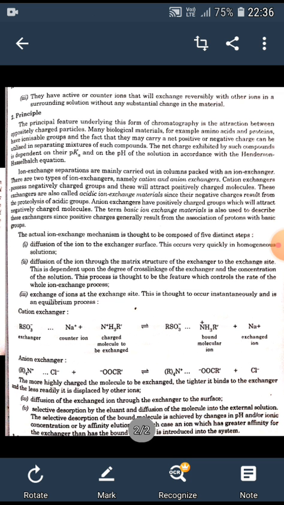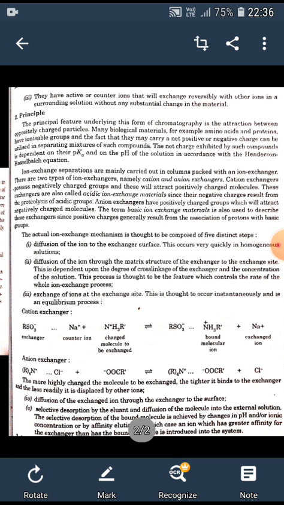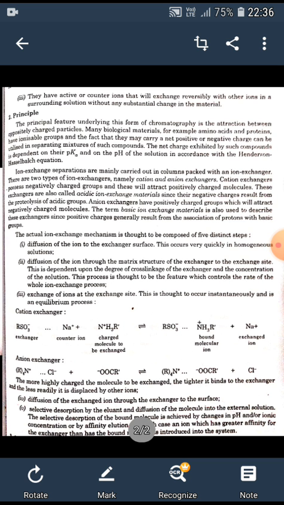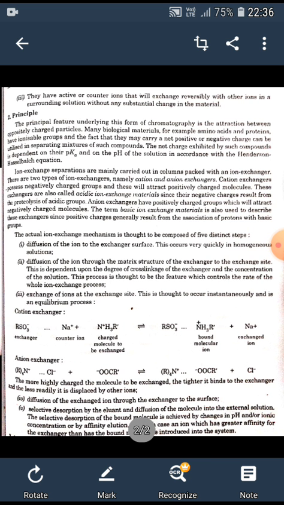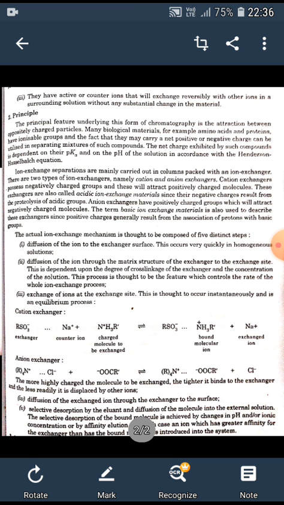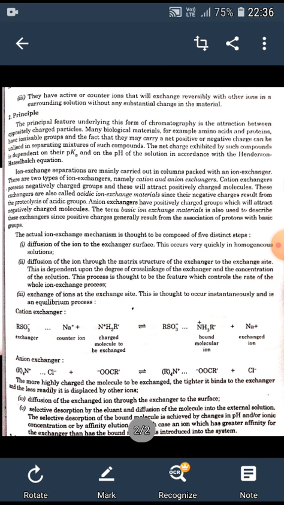The second step is the diffusion of the ion through the matrix structure of the exchanger to the exchange site. This step is dependent upon the degree of cross linkage of the exchanger and the concentration of the solution. This process is thought to be the step which controls the rate of the whole ion exchange process.